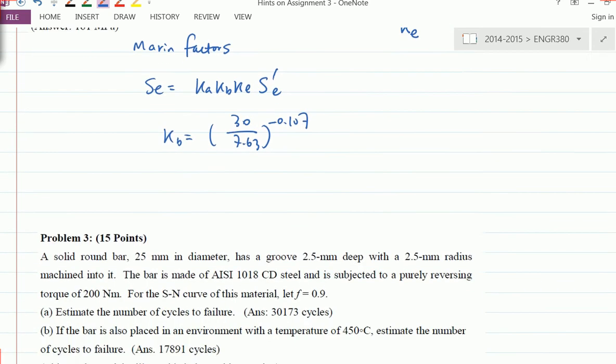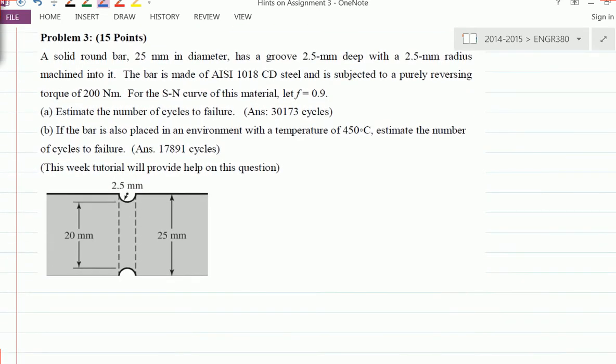Okay, number 3 is a little bit complicated. There are a lot of factors we need to look up. But first of all, there's a notch here, so we're going to have to consider the fatigue stress concentration factor.